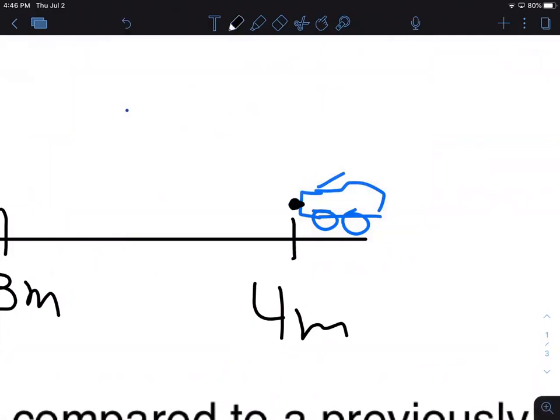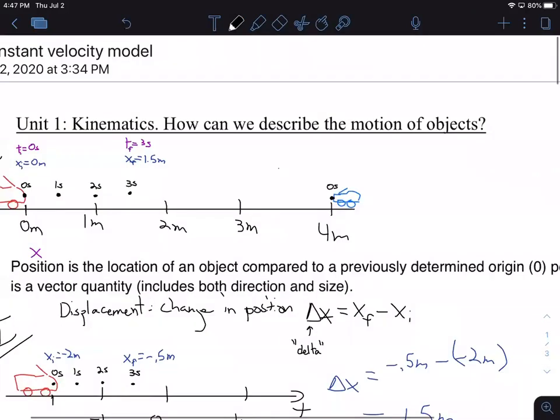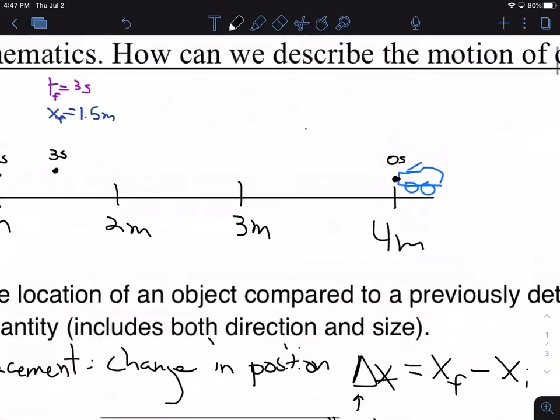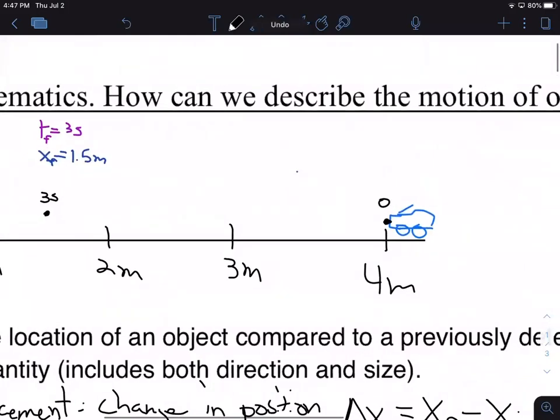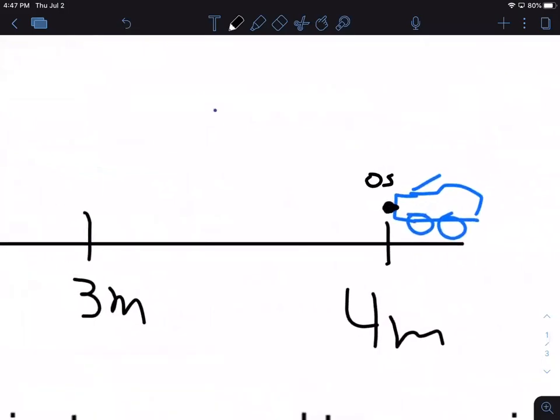Use the front of the buggy again. So at 0 seconds, it's here. And let's say the buggy is moving to the left in this situation. So after 1 second, 2 seconds, 3 seconds, at the 4th second, let's say it gets to that 3 meter mark.